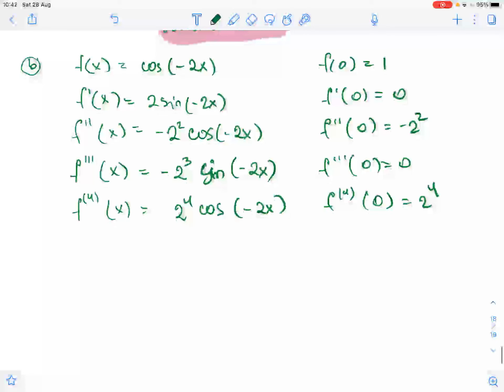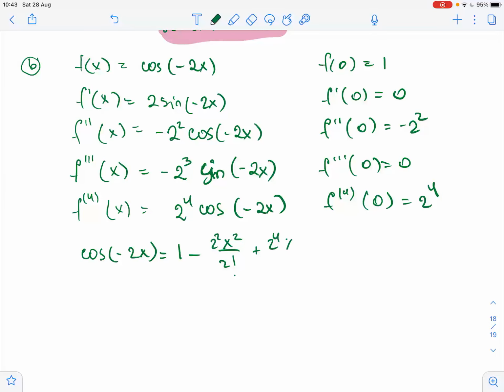So the Maclaurin series is, let me write it down, cosine of negative 2x equals 1 minus 2 squared times x squared over 2 factorial plus 2 to the fourth power times x to the fourth power over 4 factorial, and so on.